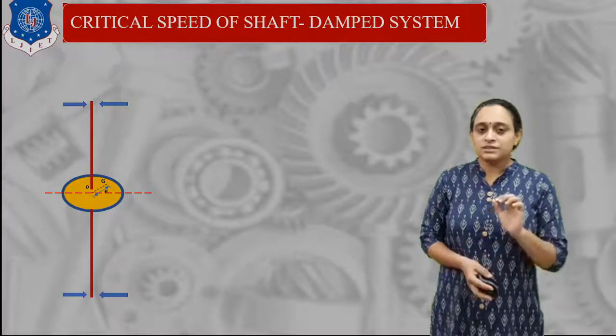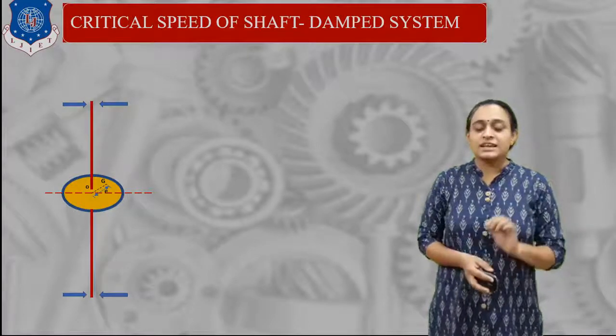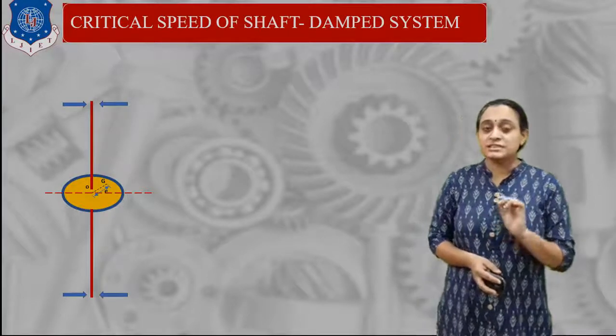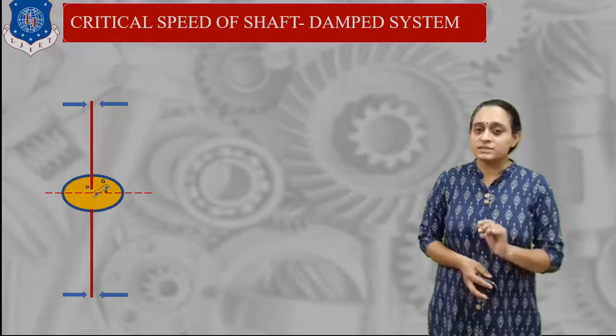So now there is a shaft having a rotor, and this rotor has eccentricity e. So its CG is eccentric, with eccentricity value e.